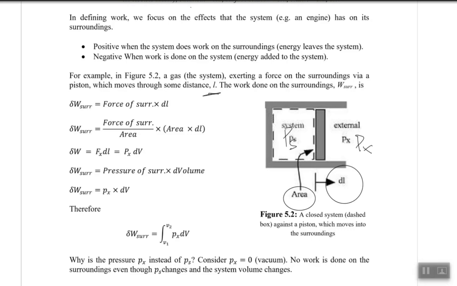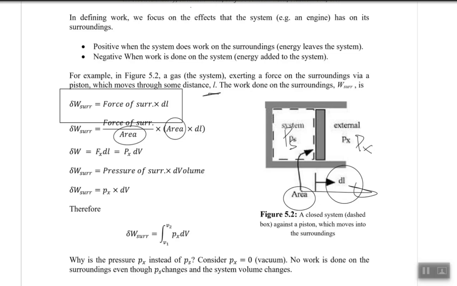So, as we said earlier, work done would be force times displacement. Work done on the surroundings would be the force acting on the surroundings times the displacement. Let me divide by the area and multiply by the area.